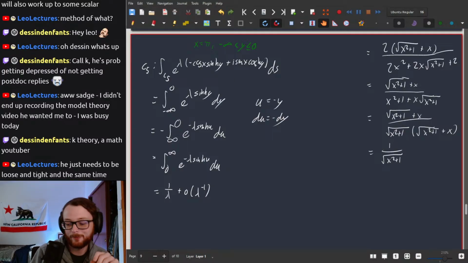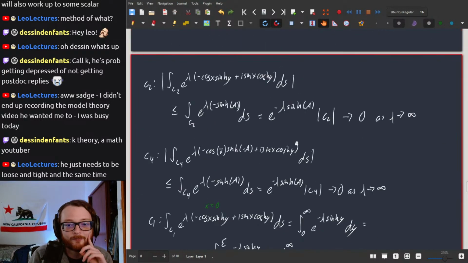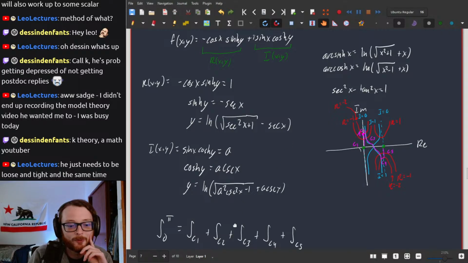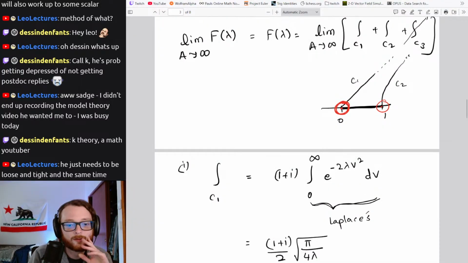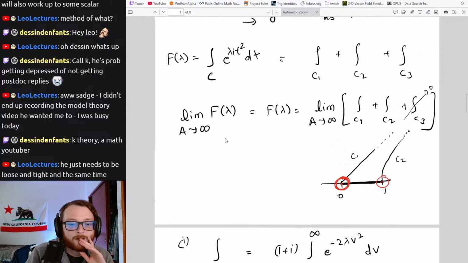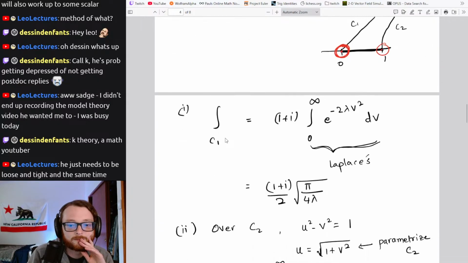Okay, there's only one piece left of this puzzle, which is C3. C3 is going to be the trickiest bit.